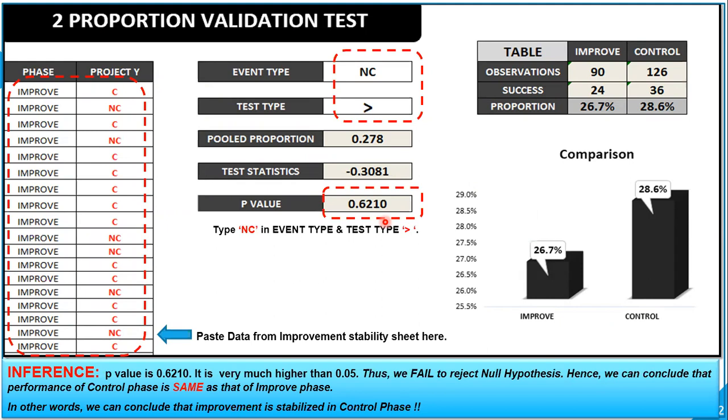In other words, it indicates that the problem is fixed permanently. There is a possibility that the problem can resurface in the future, but for the time being, right now, the problem is completely fixed. So that's what we do have in this two proportion validation test.